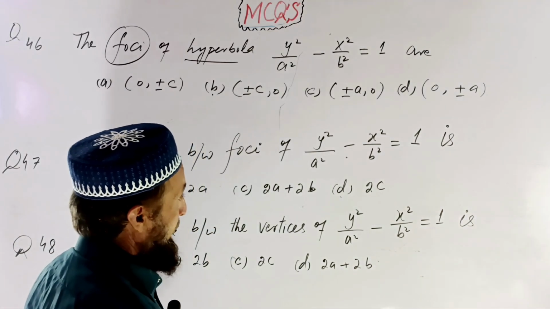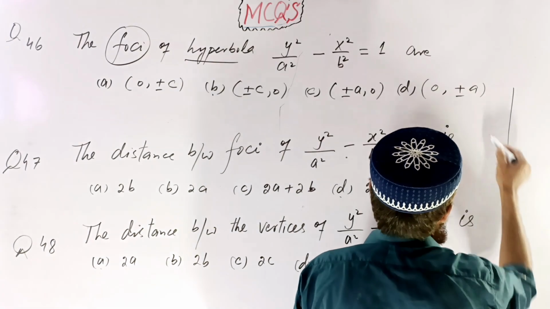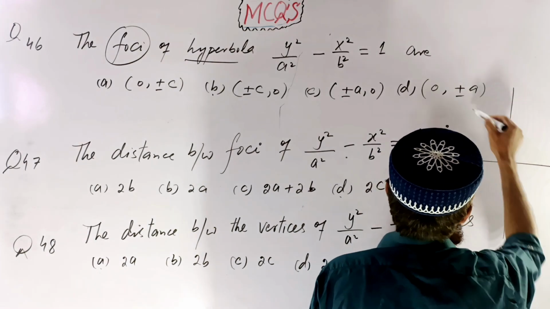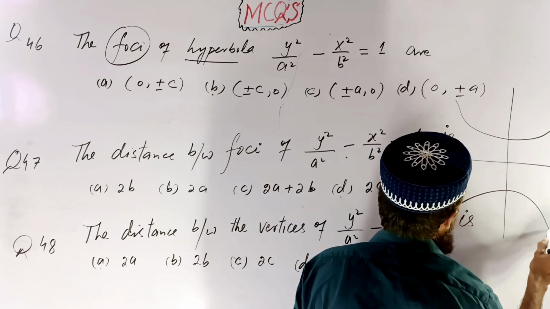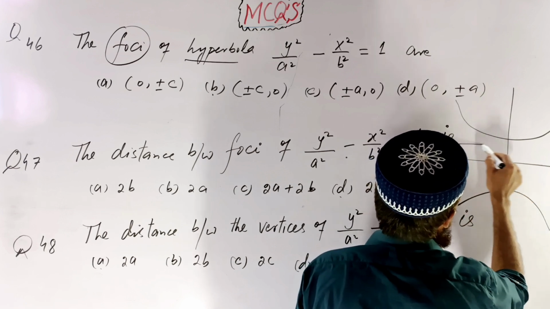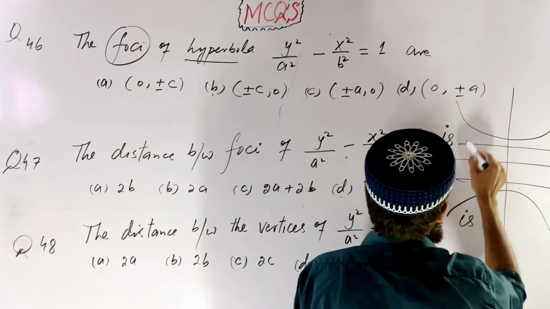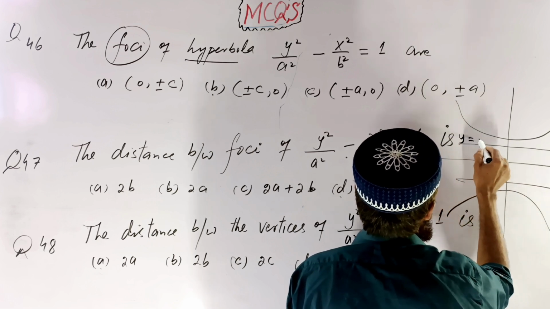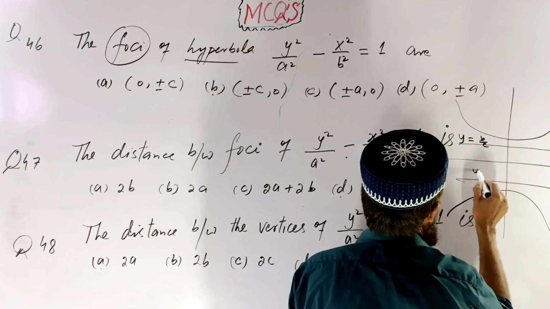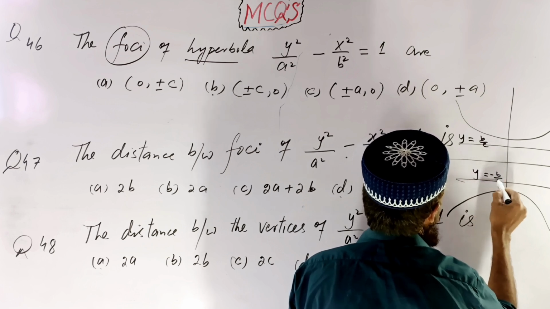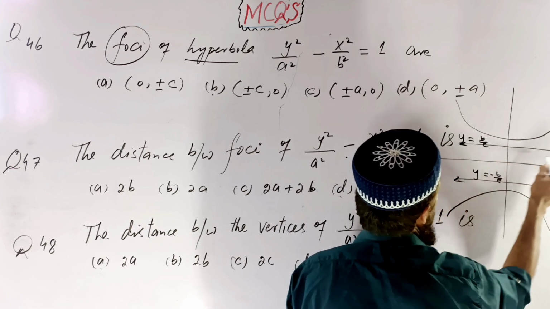So if we sketch it, this is the plane, and the directrix lines y is equal to b divided by e, and y is equal to minus b divided by e. That is the directrix line.